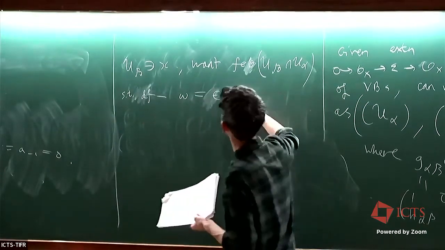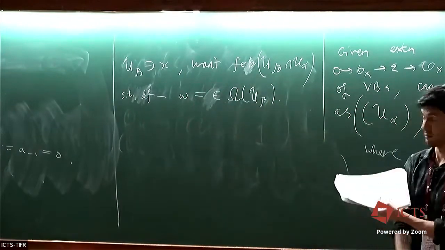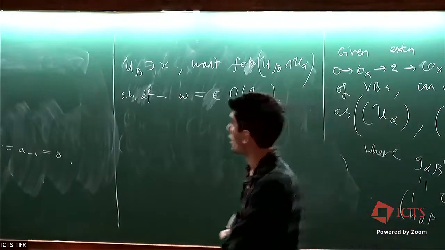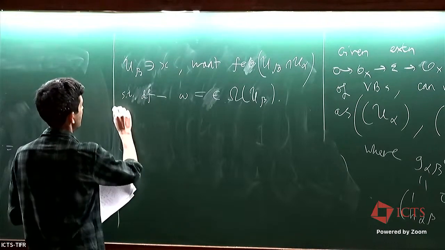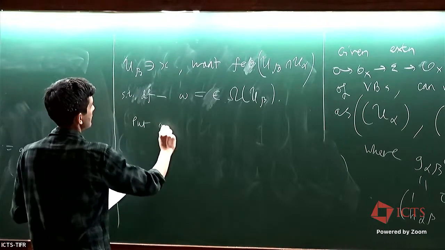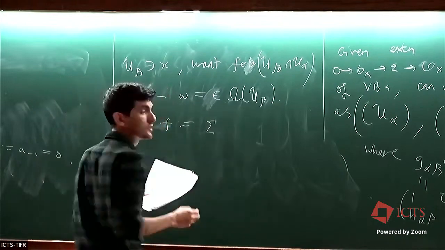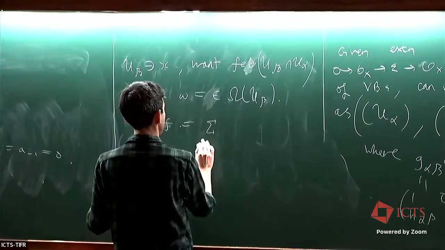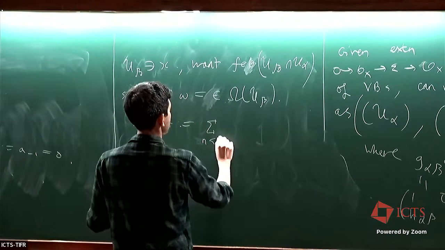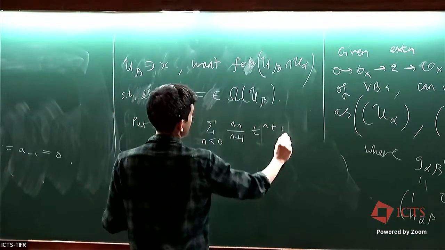So if we shrink U beta, we can just write it like this. So actually, we don't need to integrate the whole of omega. We can just integrate what's the principal part, I think is the term in Riemann surface theory. So the sum of the n less than 0 terms.